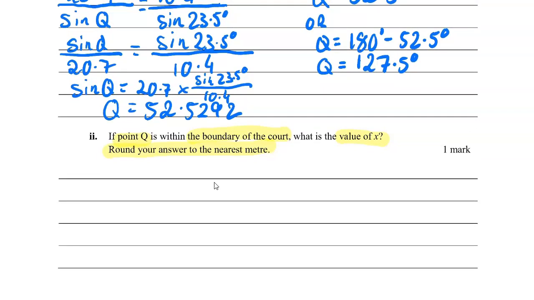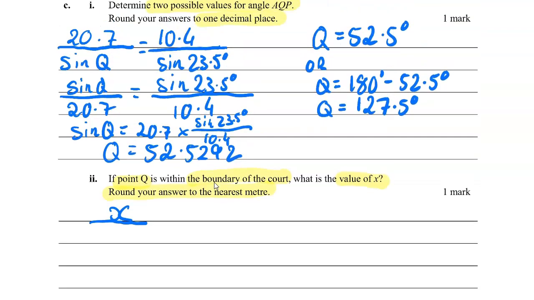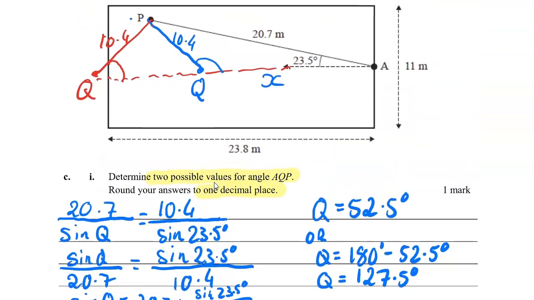So using my sine rule, X over, well, that angle there is what X is, and we can figure that out because we know that angle and that angle.